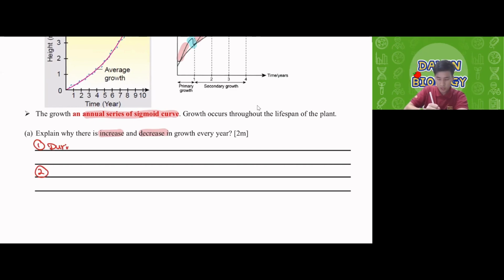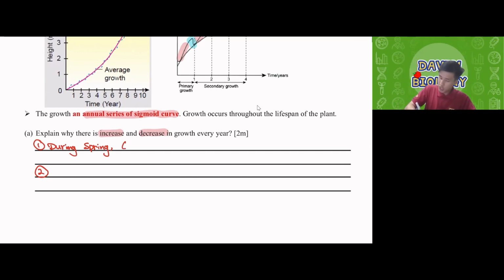So during spring. Now this one doesn't need to be too specific. You don't have to say vascular cambium and secondary growth, because this is not asking about the ring. Because ring is mainly secondary xylem, that's why we need to talk about vascular cambium and secondary growth. But for this one, we just talk about growth in general.